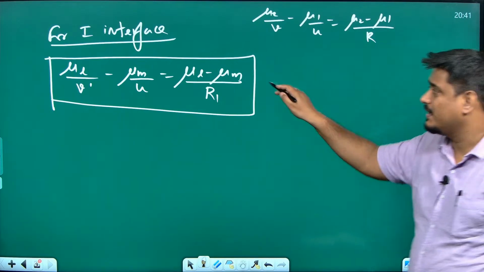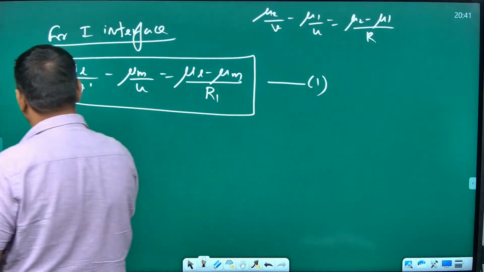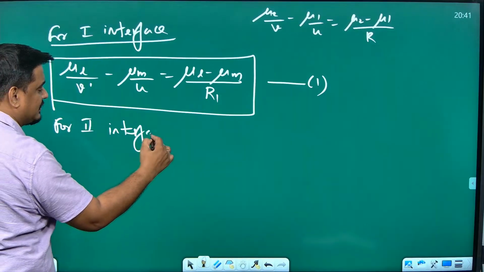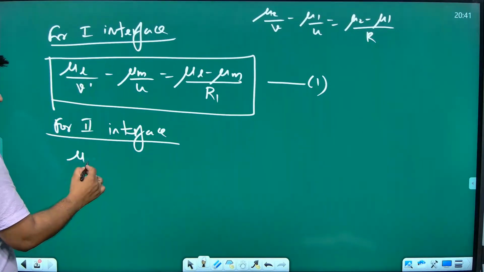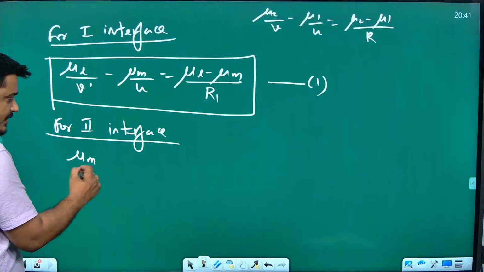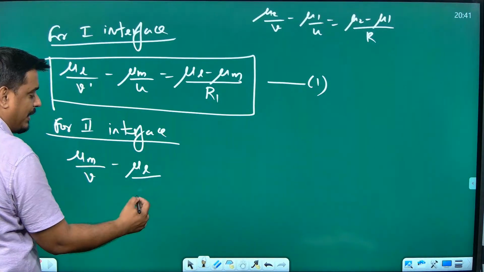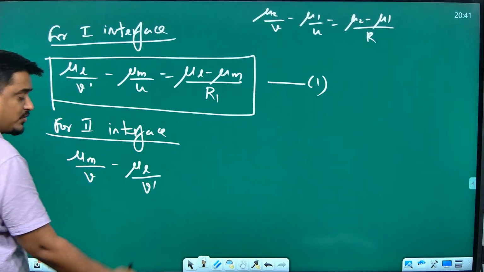Same way, tell me for the second interface, it will become mu m by v minus mu L by v dash, no?